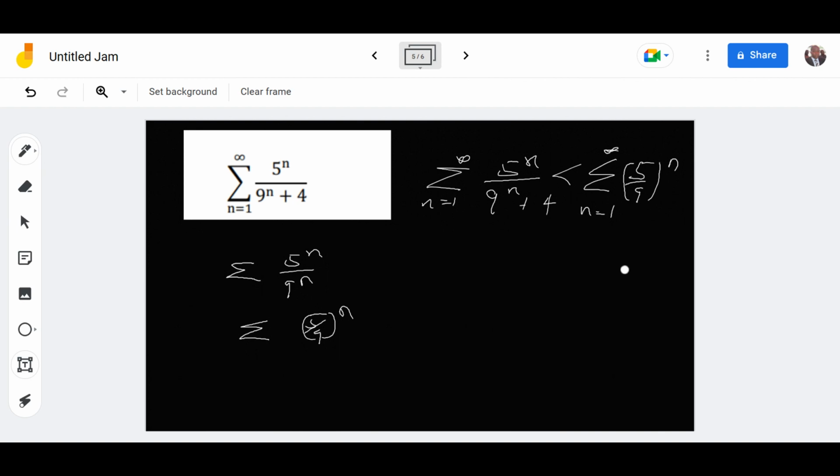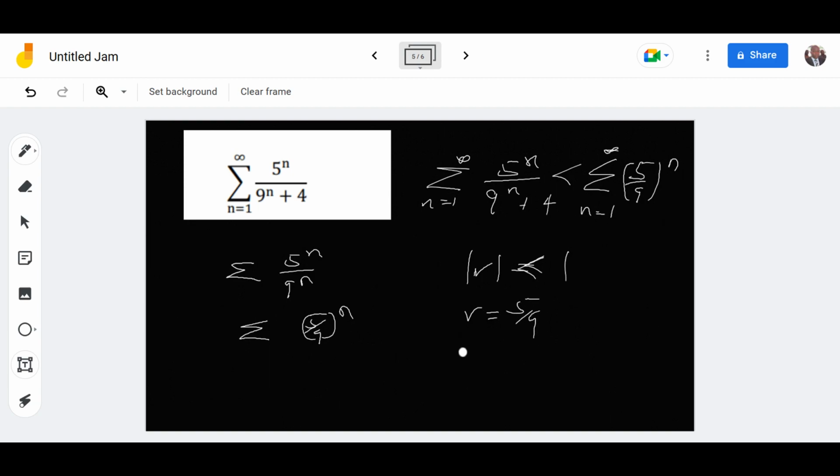Now, we look at the property of a G series because this is a geometric progression. Under what condition will a geometric progression converge? It is only when the absolute value of the common ratio is less than 1. So here our common ratio is what? 5 over 9.